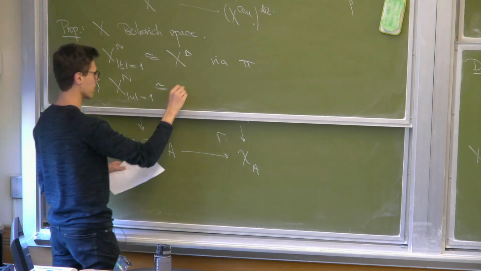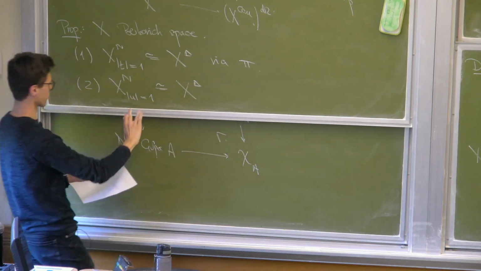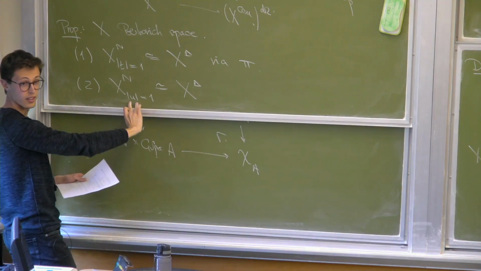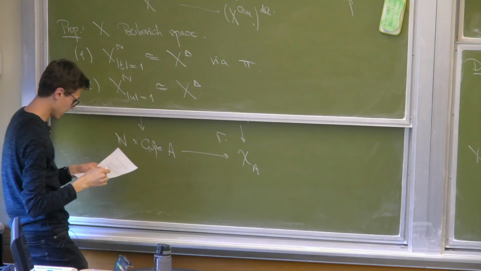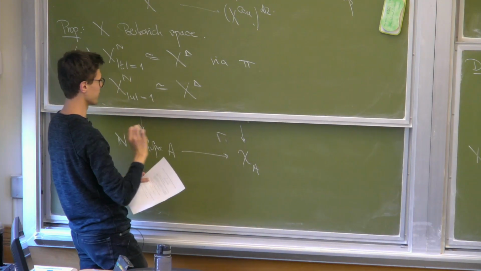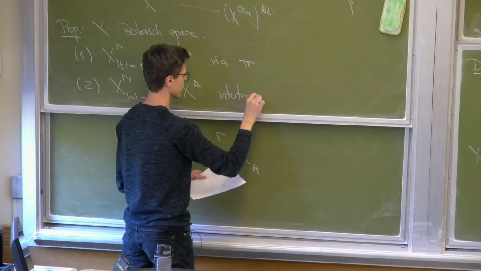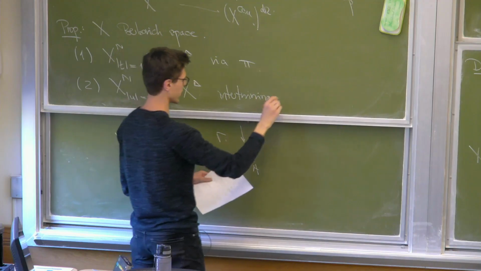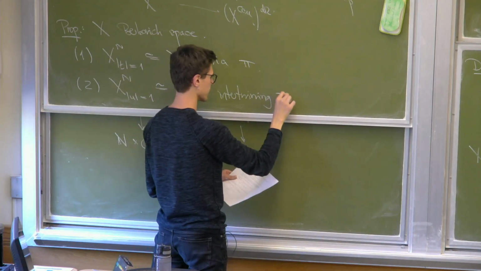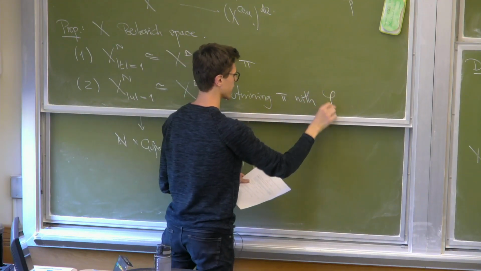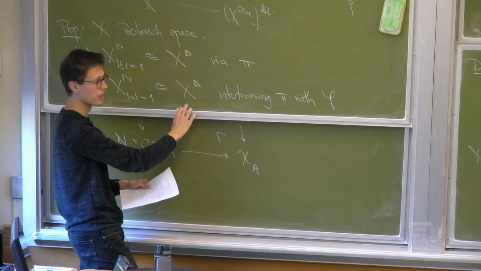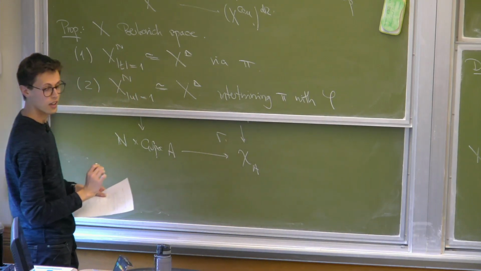I can also restrict to the locus where U has norm 1. This is also allowed, and this will also be isomorphic to the prismatization of X. This isomorphism intertwines pi and the Frobenius on X prism. So you introduce the notation pi.